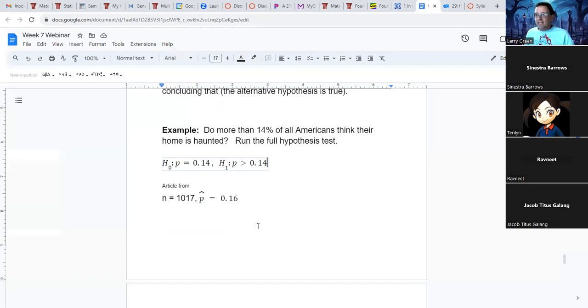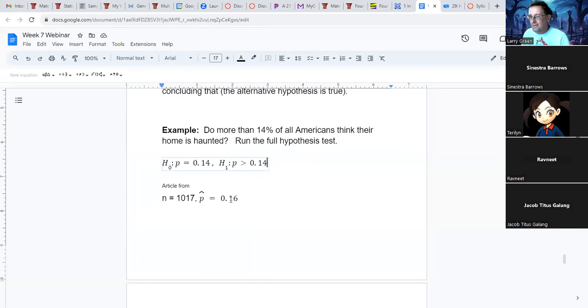Yeah, we take four, actually not quite. It's not 14% of 1,017. That's not the X. That would be our NP, actually, to make sure we're bigger than 5, and that is bigger than 5, by the way. It's actually 0.16 times 1,017.